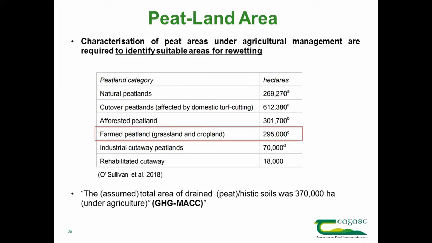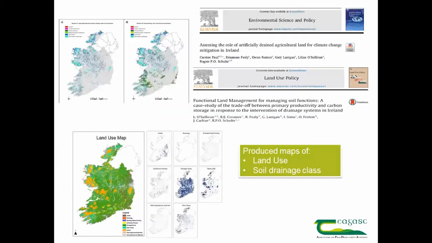So it's defining what area of the total 1.6, 1.7 million hectares is under the remit of agriculture, and then going forward, how much of that is drained and how much of that can be undrained or re-wetted, I suppose, is the question going forward.